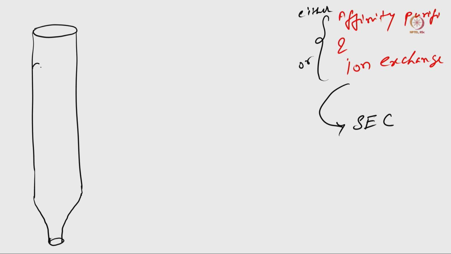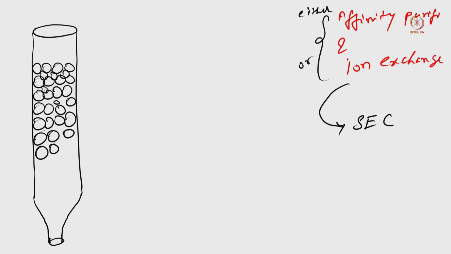So, we have some kind of beads inside that column. Within those beads there are some empty spaces. Those empty spaces are called the void volume. If I draw all the beads, it will be easier for us.